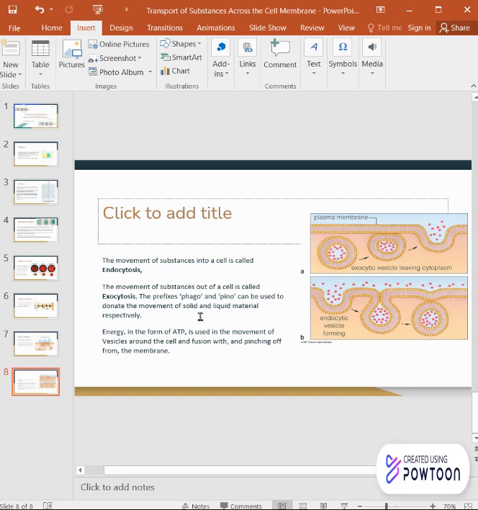Phago is when you excrete or release solid material, and pinocytosis is when you release liquid material. Both of these processes, endocytosis and exocytosis, require some form of energy. So ATP is required for this movement to occur.